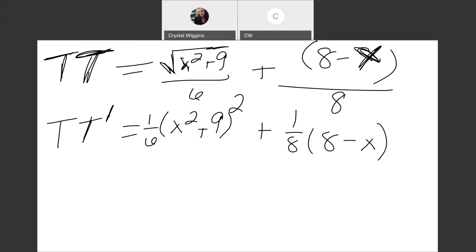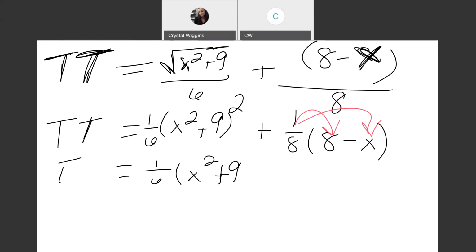Because this one doesn't have an exponent, I'm just going to distribute the 1/8 through, which will make my derivative even easier to do. So rewriting, we have 1/6 times x squared plus 9 to the 1/2 power. We haven't taken the derivative yet, we are just rewriting right now. Distribute: 1/8 times 8 is 1, and 1/8 times negative x is negative 1/8 x.